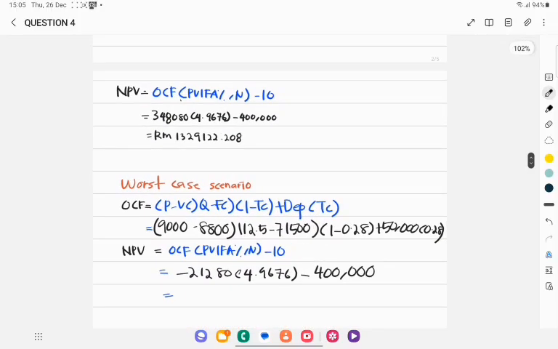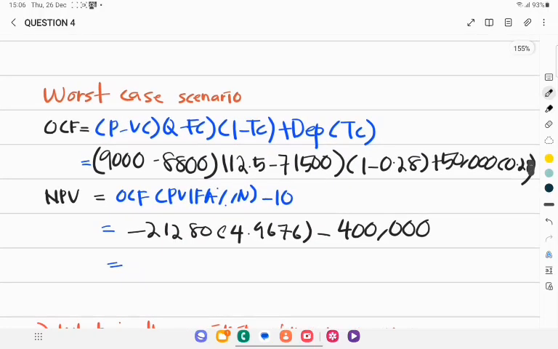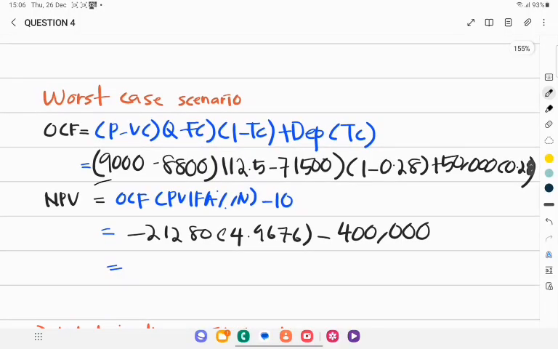So 9,000 minus 8,800 multiply 112.5 minus 71,500 multiply 1 minus 0.28 plus 50,000 multiply 0.28. So the answer for this OCF is negative 21,280.